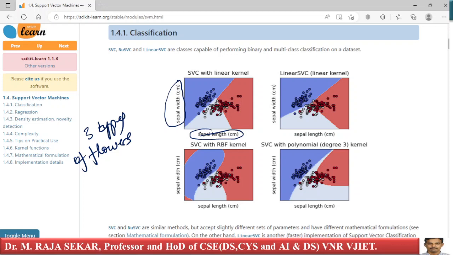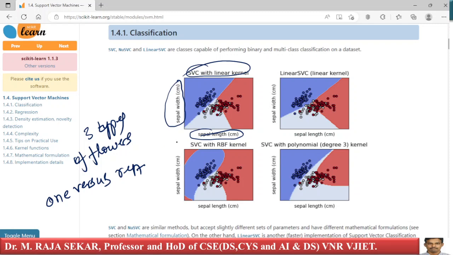If you do support vector classification, because you have three classes in a multi-class setting, SVM does it using the one versus rest model.